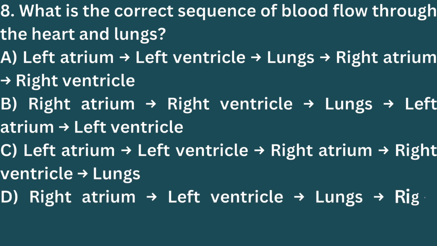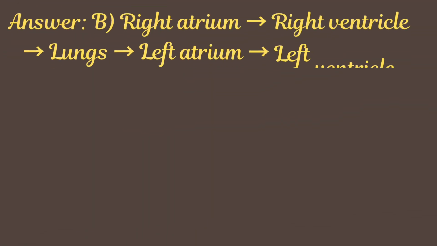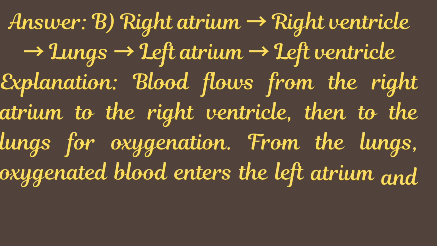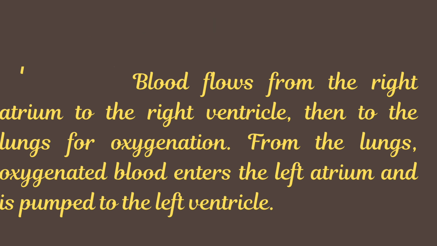D. Right atrium, left ventricle, lungs, right ventricle, left atrium. Answer: B. Right atrium, right ventricle, lungs, left atrium, left ventricle. Explanation: blood flows from the right atrium to the right ventricle, then to the lungs for oxygenation. From the lungs, oxygenated blood enters the left atrium and is pumped to the left ventricle.